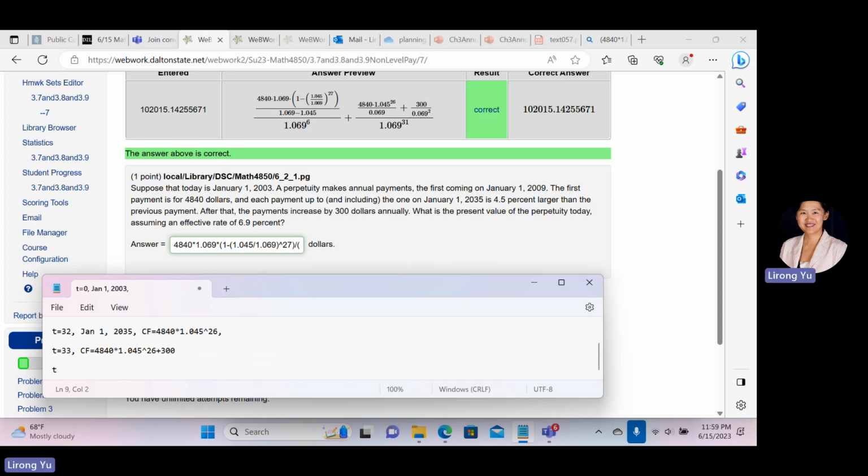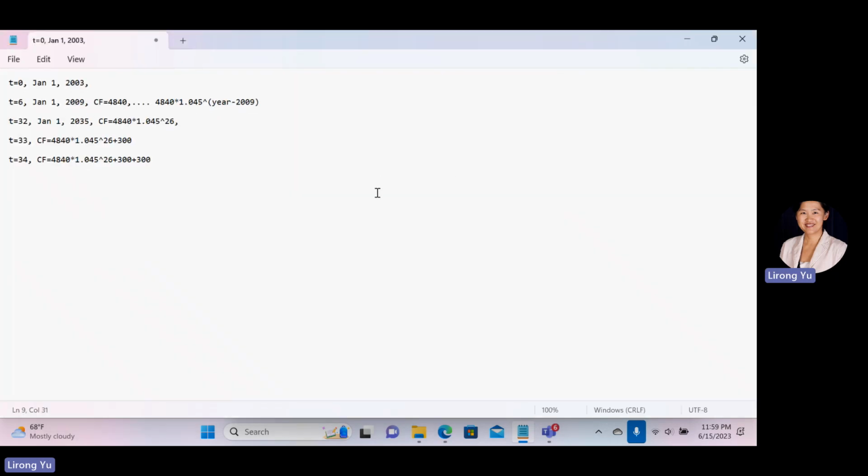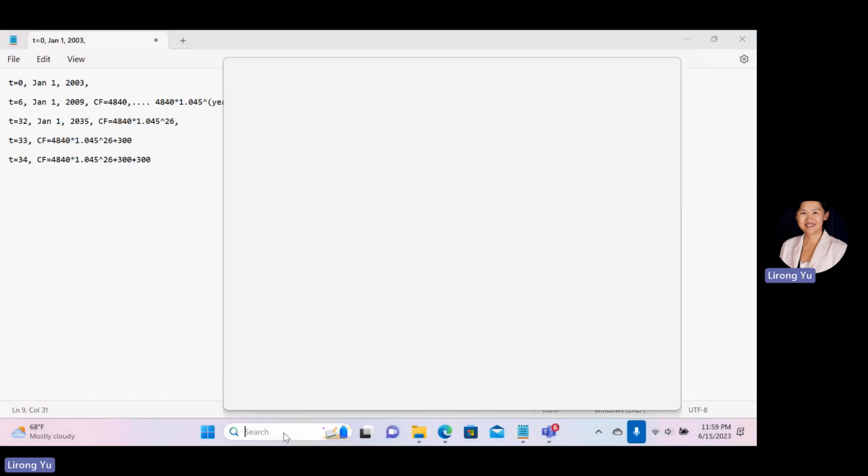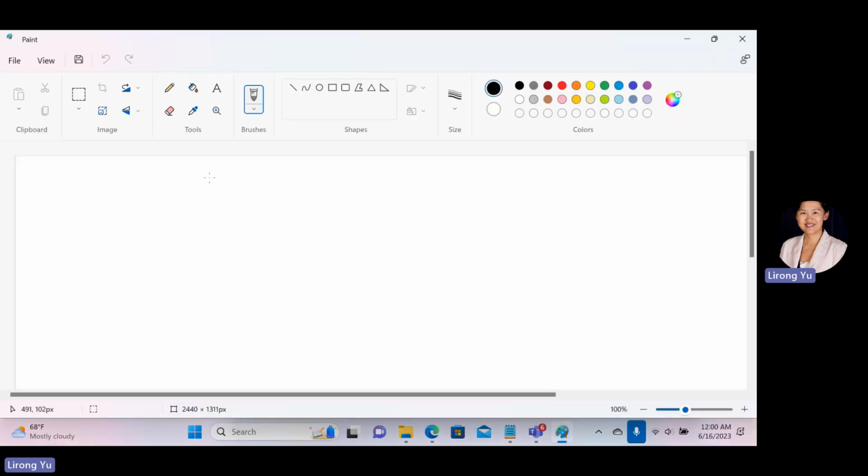And after that, at t equal to 34, the payment will be the one before plus 300 again. For this, the textbook already has a formula, but if you want a visual picture of what's going on, you can also draw a timeline.